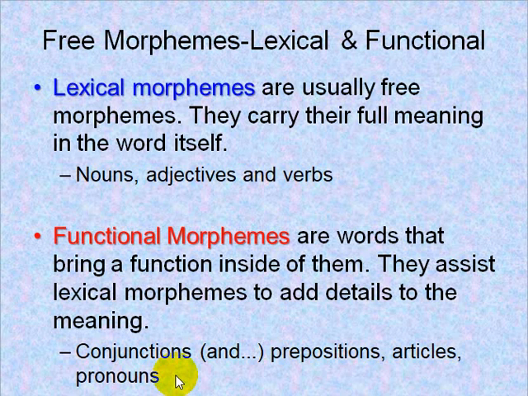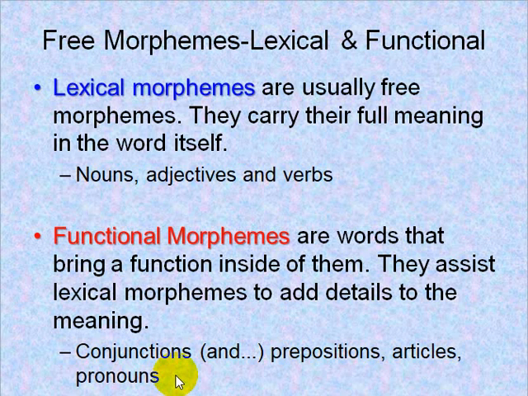The lexical morpheme is the morpheme which has the full meaning of a given morpheme, whether word or not, or more. While the functional morphemes are the morphemes or words that bring a function inside of the word. For example, the s in morphemes is the s of plural.